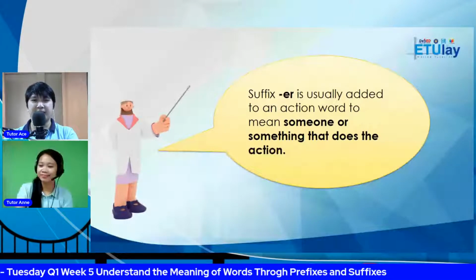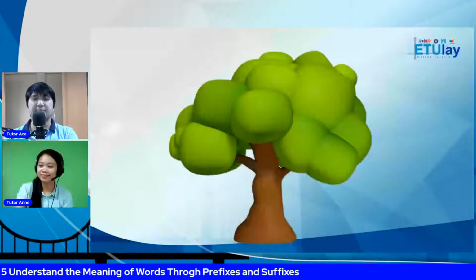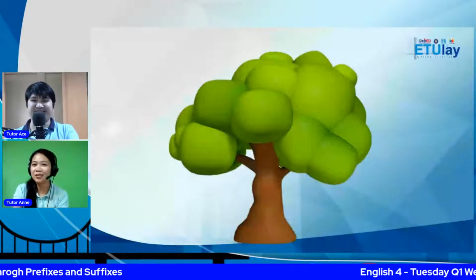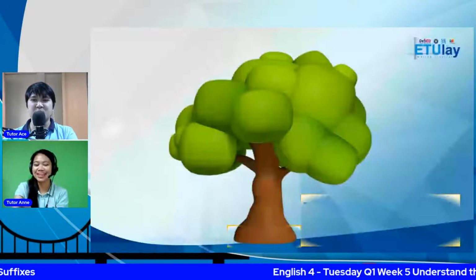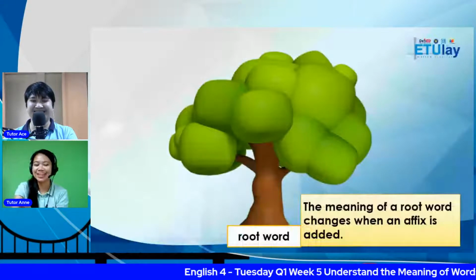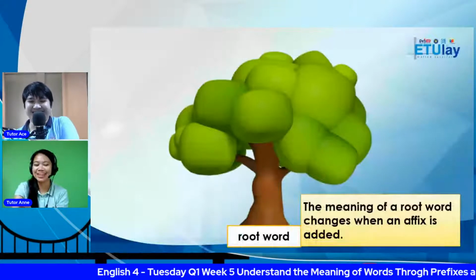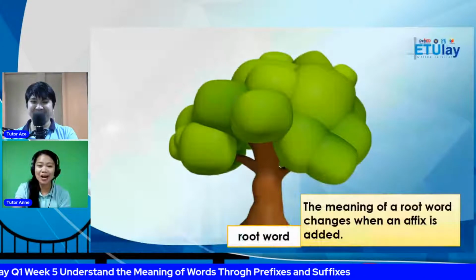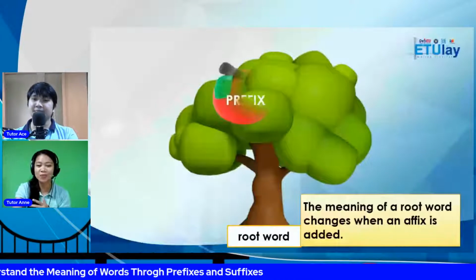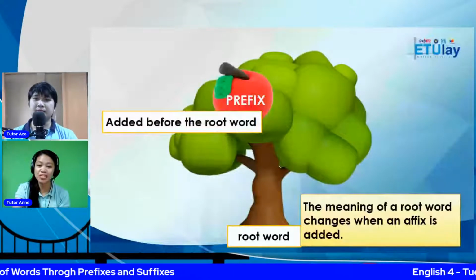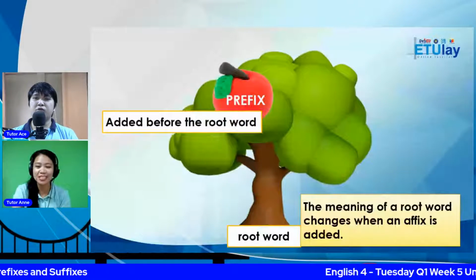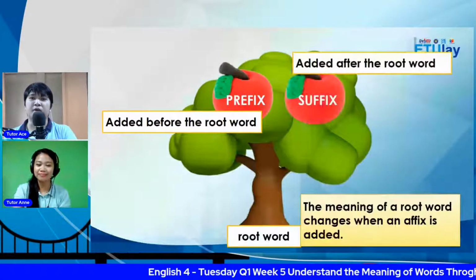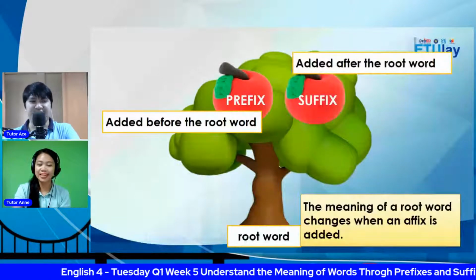Now, this time, Mr. Ace, para mas maintindihan pa nila yung ating lesson ngayong hapon, take note of this tree na ipipresent namin. Magsimula tayo sa ugat. Take note that the meaning of a root word changes when an affix is added. At anong nga ba yung mga affixes natin? Kanina, we have presented your prefix, which is added before the root word. Yung after the root word naman, yun ang tinatawag nating suffix.